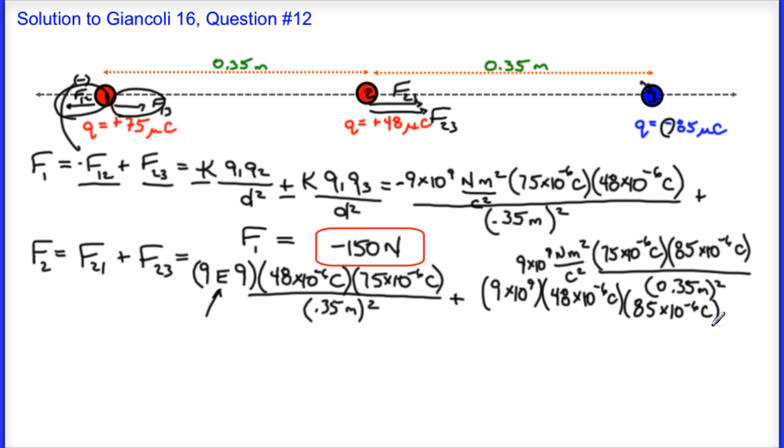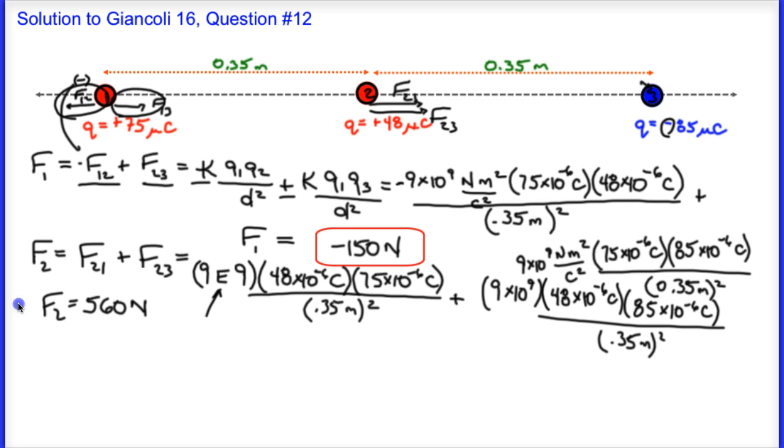So this is F23, and divide that again by 0.35 meters, and I've got to remember to square that. And of course, I should get a net force now to the right. And when I do that, I get the net force on charge 2 is equal to 560 newtons.